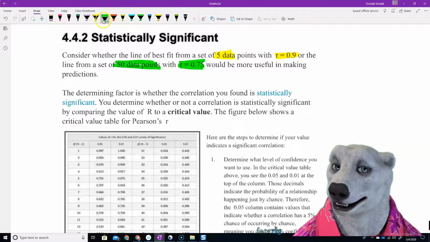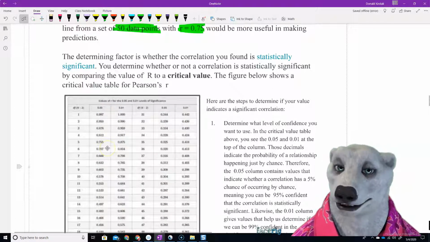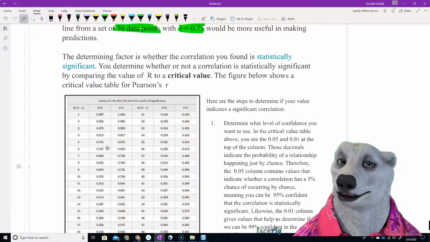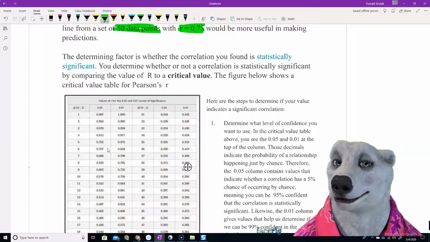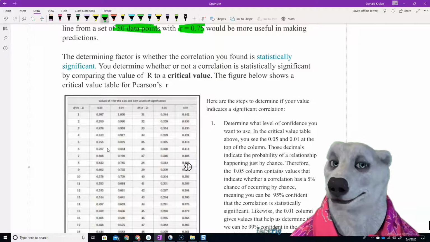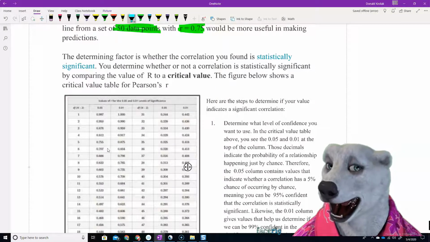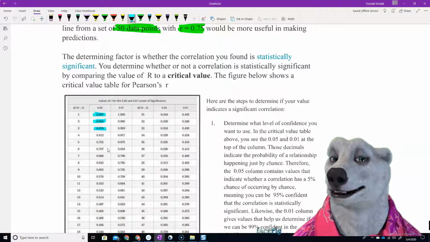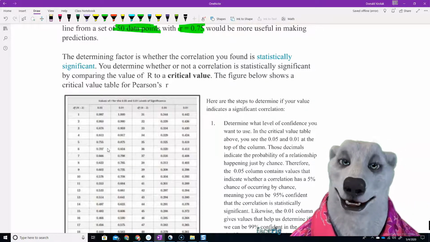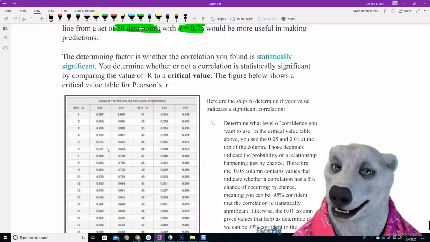So what you're looking at over here is a table of what we call critical values. And what we do is we take our R value and we compare it to a critical value that is in this chart here. Your critical values are these numbers in blue. It's probably kind of hard to see. There's a clear chart in your cognitive textbook, Mr. Krolak tells me. All right.